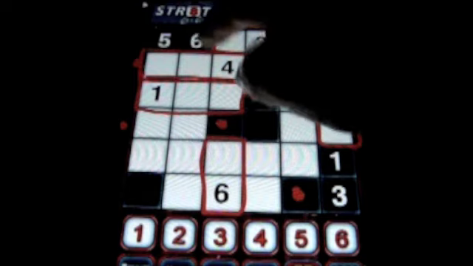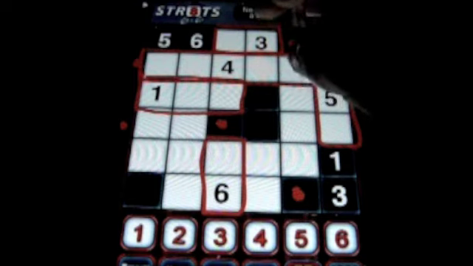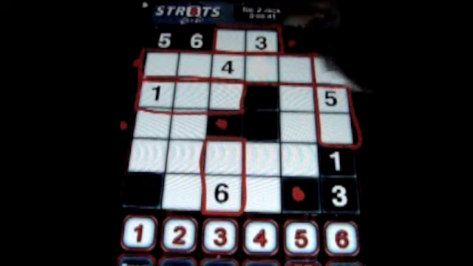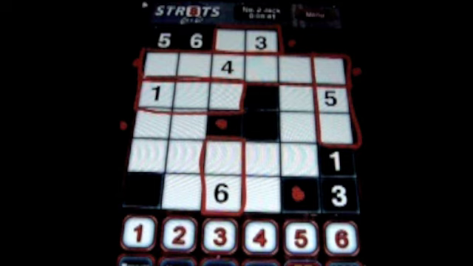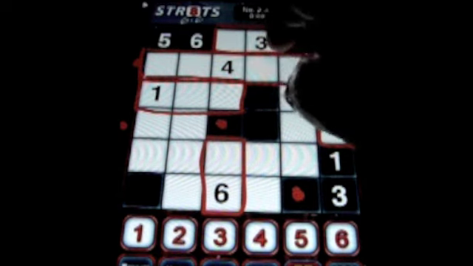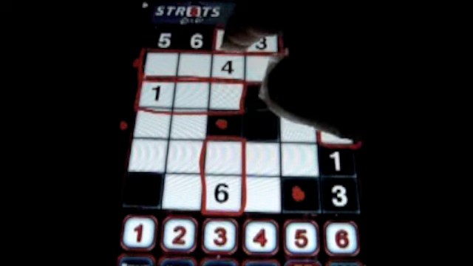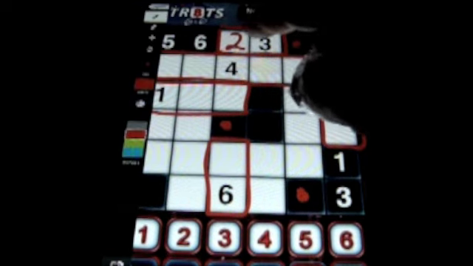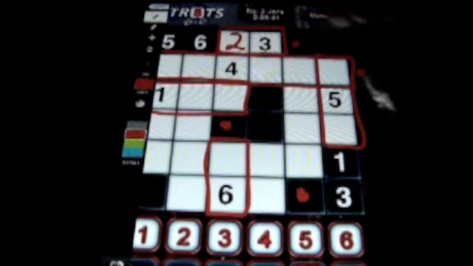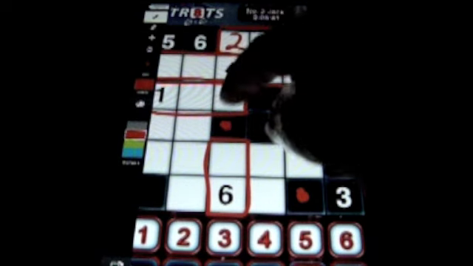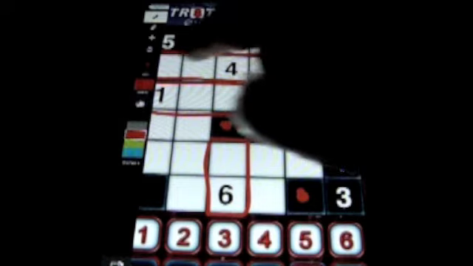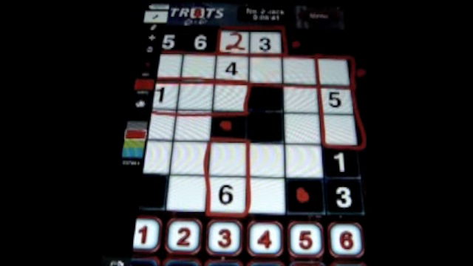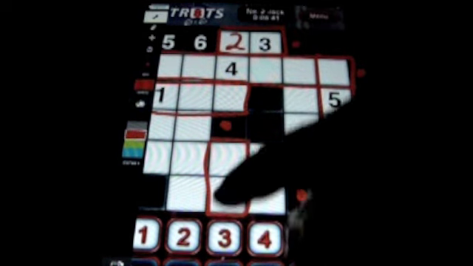So let's start with this compartment here. So we've got a 3. The only two numbers that could be next to a 3 are a 2 and a 4. We already have a 4 here, so this number needs to be a 2. Next rule in straights that helps us understand how to fill in these sequences is this 4 that's here may only appear once in a row and a column, so the 4 can't appear again in this space.